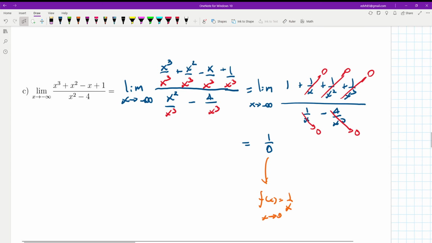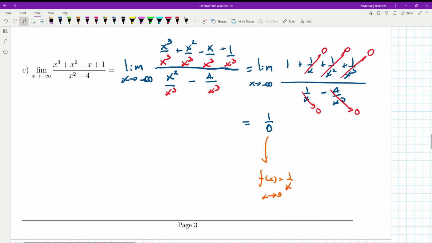Okay, so denominator larger than the numerator. In this case, we have the case for which the denominator degree is less than the degree in the numerator. And in this case, we need to determine whether this is positive or negative infinity.